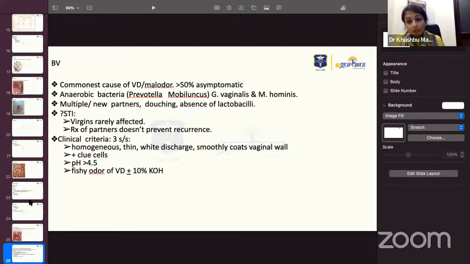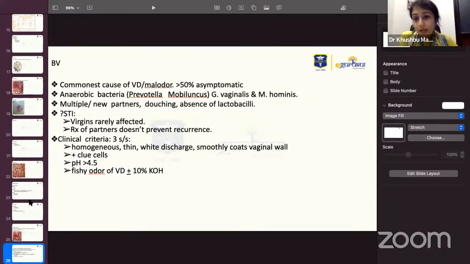A lot of people say we should not be treating it as an STD, because bacterial vaginosis is also seen in nuns, in people who are not sexually active. So this is one STD where you do not give partner treatment. Like in all other STDs, whenever we diagnose a patient of gonococcal urethritis, syphilis, or herpes, we tell the patient that we should ideally treat the partner as well.